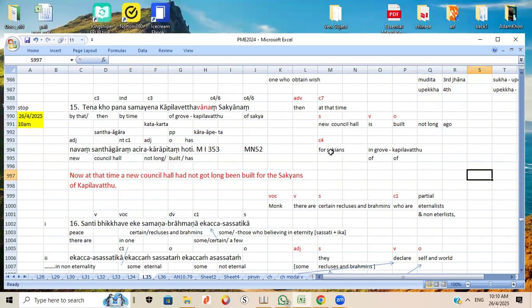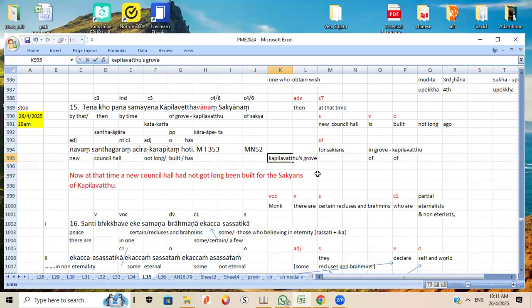Or if you don't want it this way, what you do is put Kapilavatthu group for the Sakyan. You can put Kapilavatthu group, you take the genitive case, for the Sakyan.